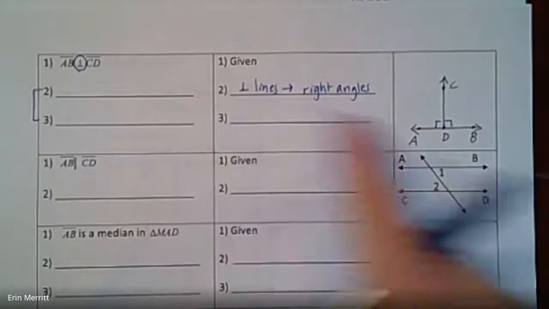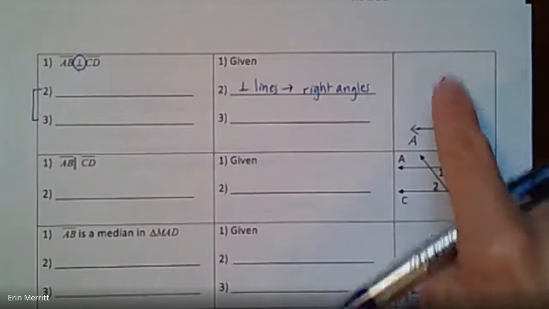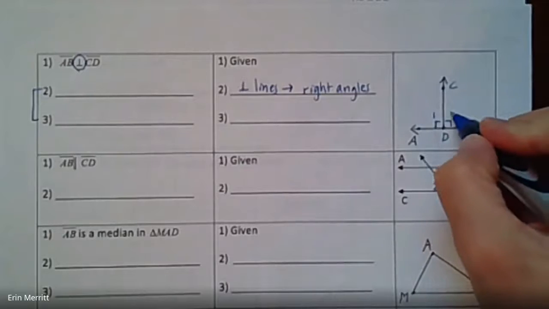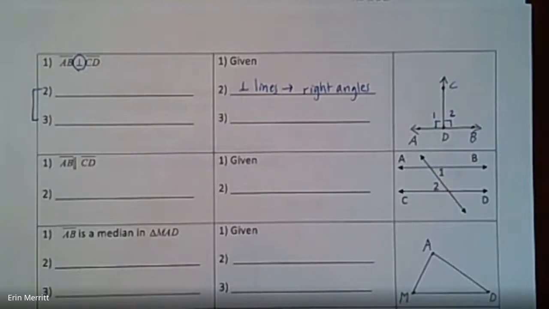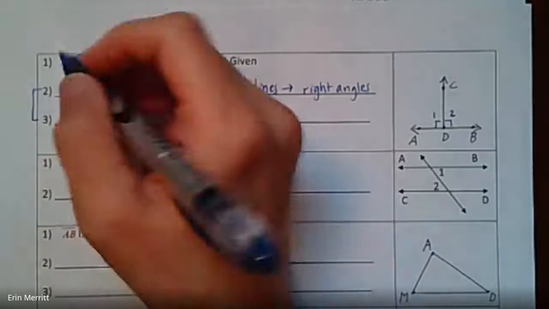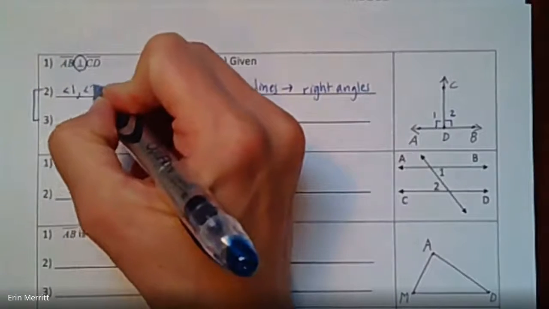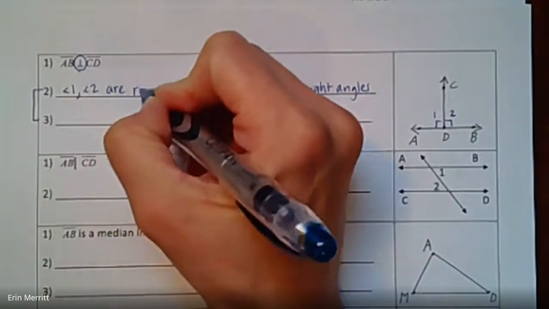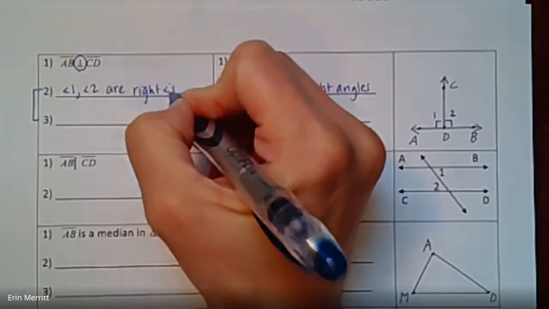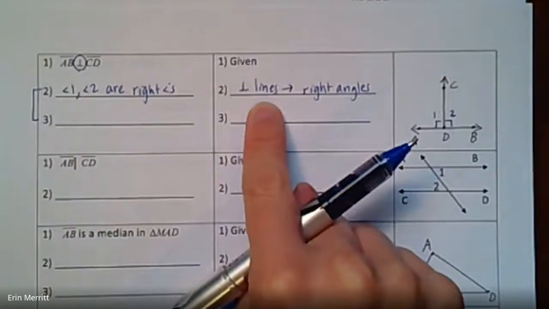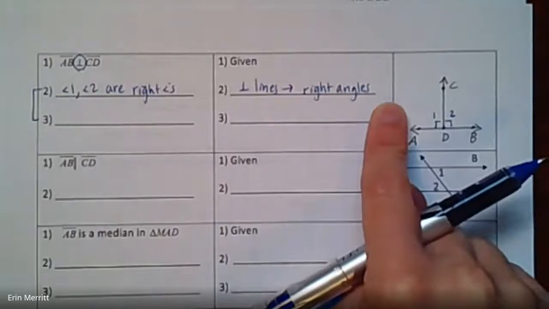Now I can use the letters ADC and BDC, or you can write numbers in the angles and reference the angles that way. So I can say angle 1 and angle 2 are right angles because perpendicular lines imply that they're right angles.